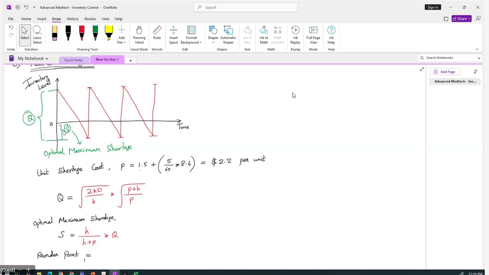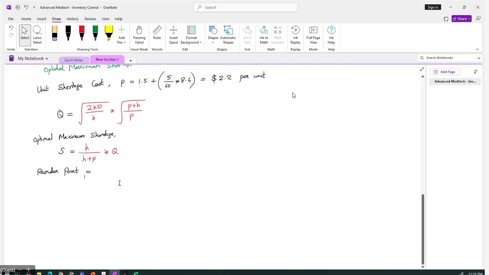I hope you have understood logically. Now I have to account for the shortage also. So my reorder point formula becomes minus S plus D into L by WD. Next, I'll write down all the important things here and then we'll directly jump to Excel for computing.